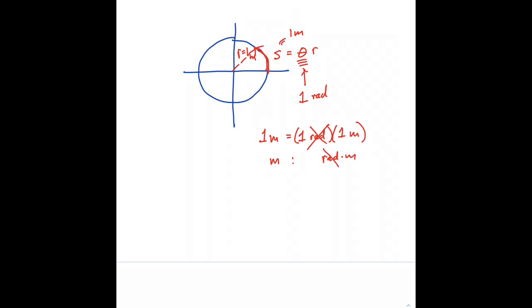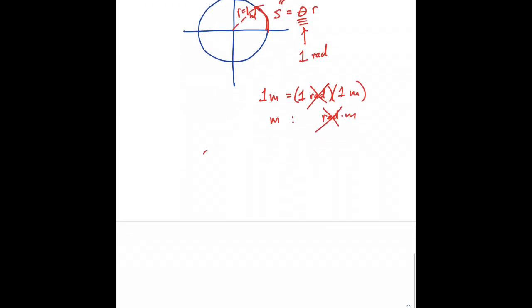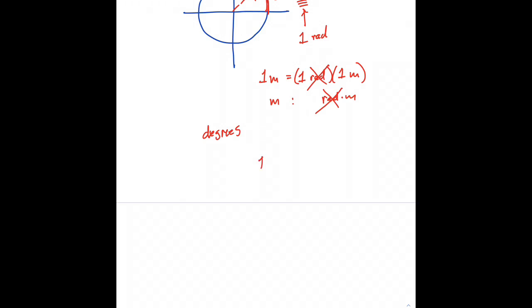Radians just disappear out of the equation when we combine them with other units. That doesn't work when we choose degrees as our measurement for angular displacement. It would not be true to say that 1 meter is equal to 57.3 degrees times 1 meter. So we're going to stick to radians as the preferred unit for angular displacement.